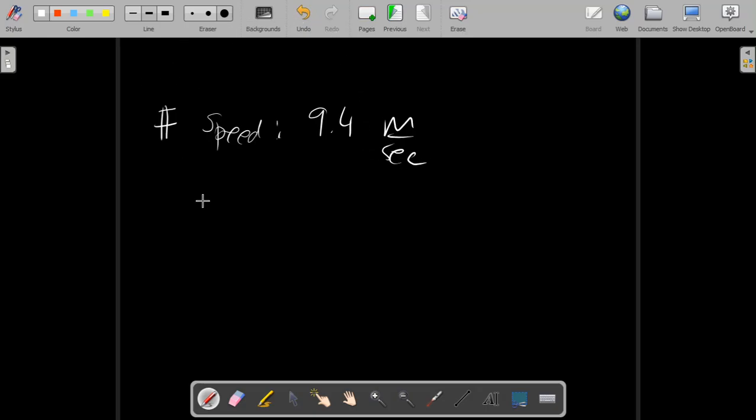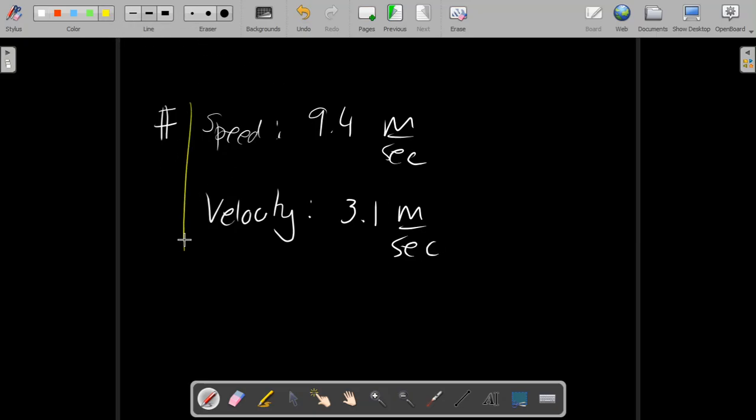And your velocity should be 3.1 meters per second. If you got the 2 answers correctly, you're done. You can move on to the next section of instruction, but if you did not get this information, then you need to watch the video.